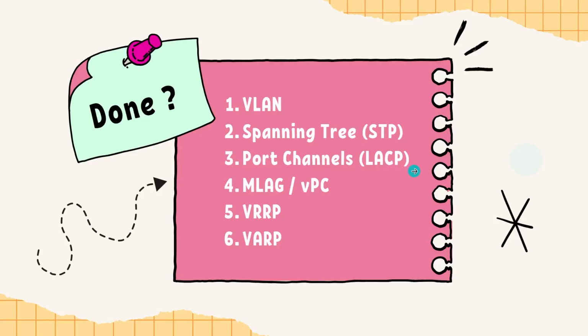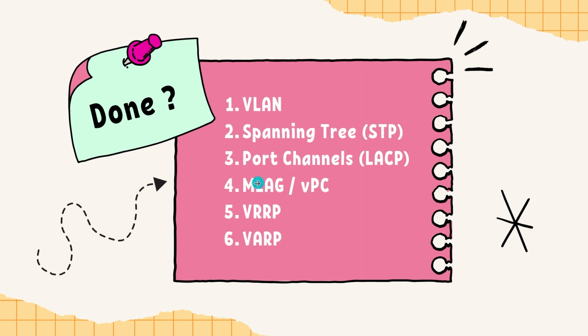So let's start. These are all the topics that we have seen so far, right? We have studied VLAN, which works on layer 2. Then we studied Spanning Tree Protocol, STP, and there are several videos on that topic also.